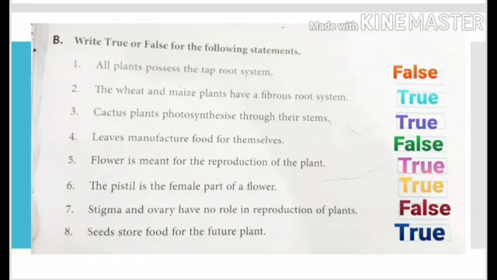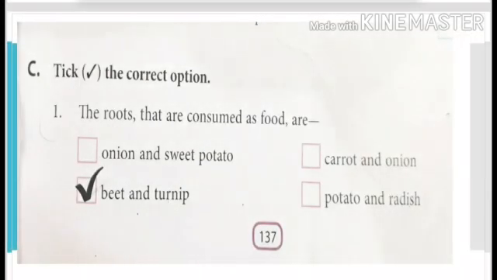Let's move towards the MCQs, and first MCQ is the roots that are consumed as food are onion and sweet potato, carrot and onion, beet and turnip, potato and radish. Why have we put tick mark on beet and turnip?